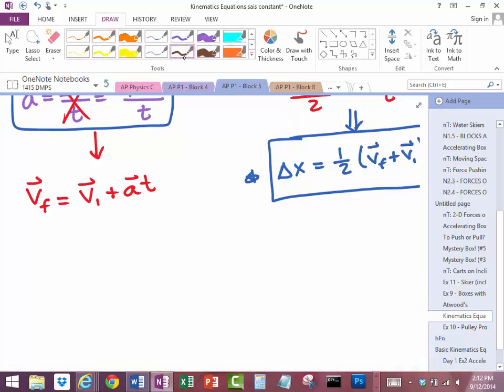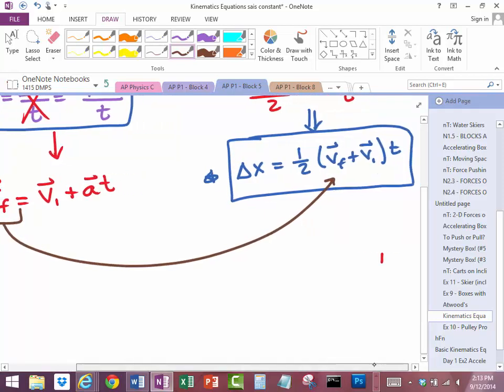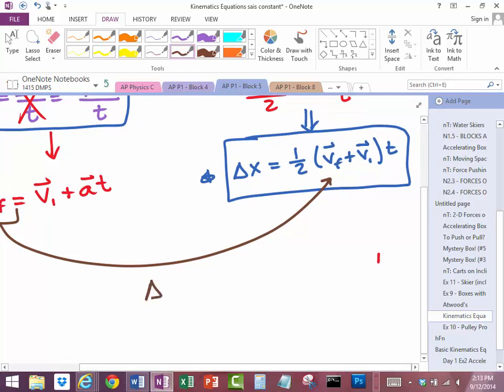Here it is. All right, I'm going to take this thing where it says Vf. Here it comes. Delta x is equal to 1/2 (Vi plus at plus Vi) times t. Well, that's pretty.